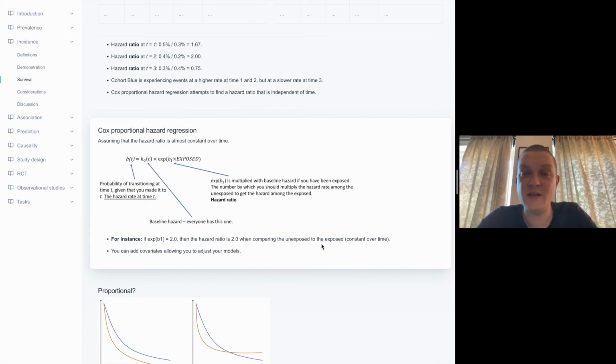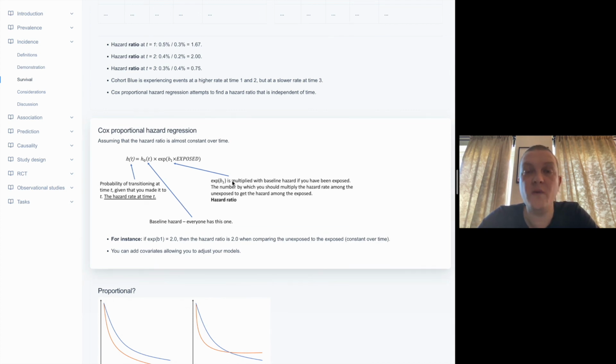Because we made this assumption about proportional hazards, we're assuming that this hazard ratio is constant over time. So we are getting one number to represent the hazard ratio over time when comparing two cohorts. In the example I showed you earlier, we had different hazard ratios for each point in time, and now we've got one that tries to summarize or represent the hazard ratio as a constant thing over time.